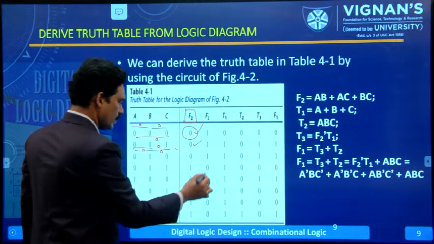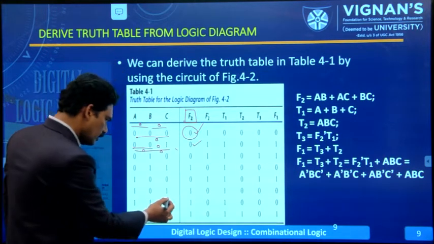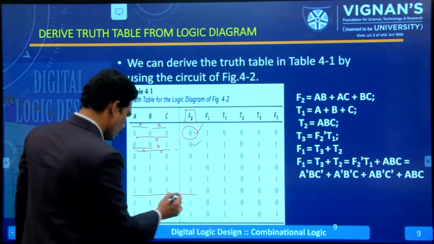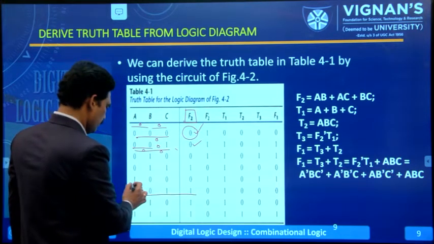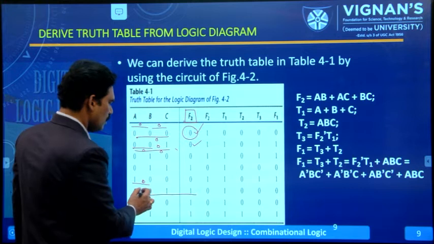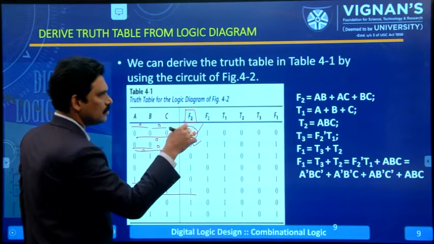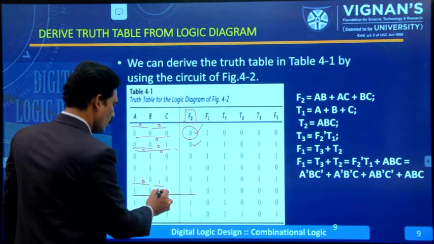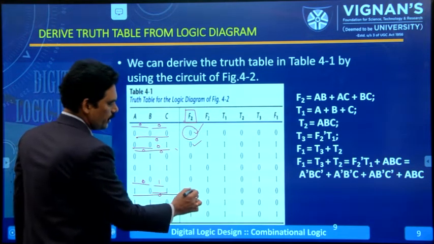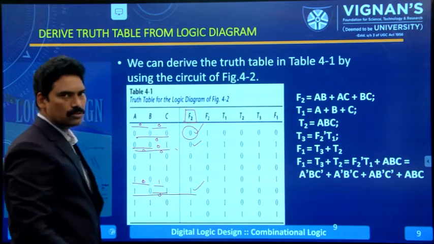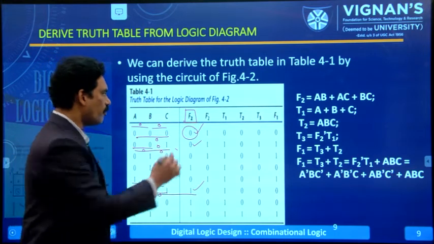So where are we getting 1? Suppose here we get 1. Consider this one: AB 0, AC 1, BC 0. So, 0 plus 1 plus 0 we get 1. Like this we have to write the truth table for F2.